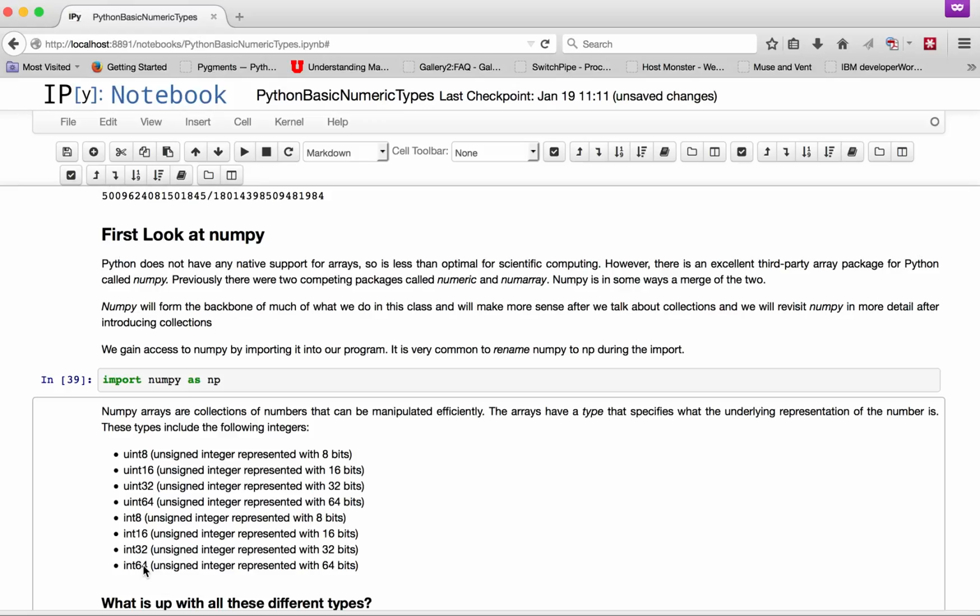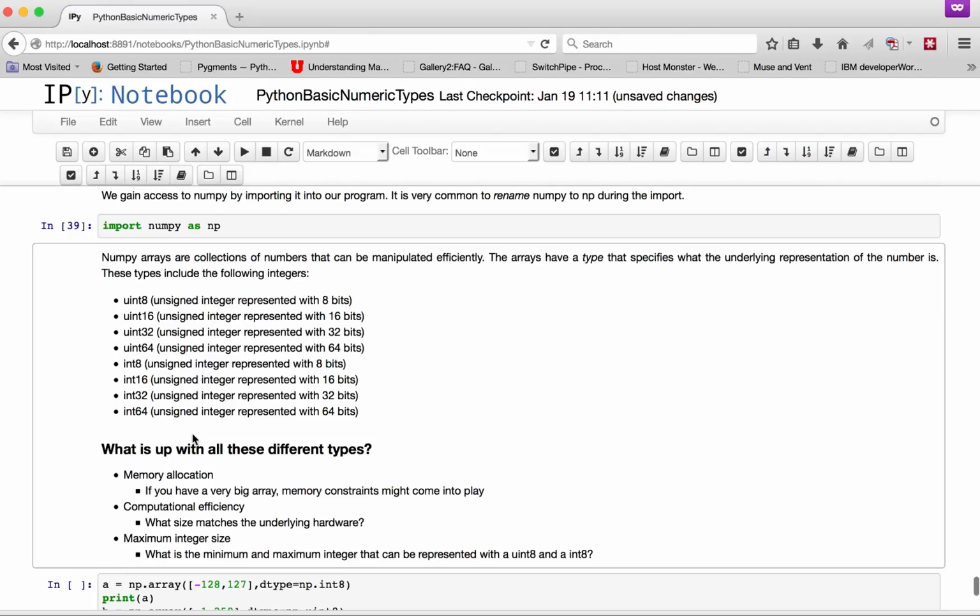This unsigned and signed distinction gets down to the underlying computer representation, where we need a bit to represent whether the number is positive or negative. If we're taking a bit to represent that, that's one less bit we can represent a numeric value with. And so the positive numbers that can be represented with an unsigned integer are larger by a power of 2 than can be represented with a signed integer.